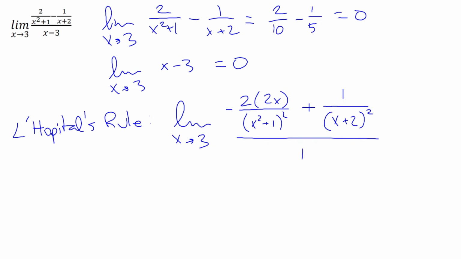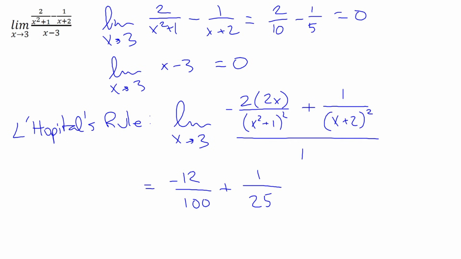So we end up with negative 2 times 3, which should be negative 12, over 3 squared is 9, plus 1 is 10. 10 squared is 100. So we have negative 12 over 100, plus 1 over, and then we have 3 plus 2, which is 5, squared is 25.